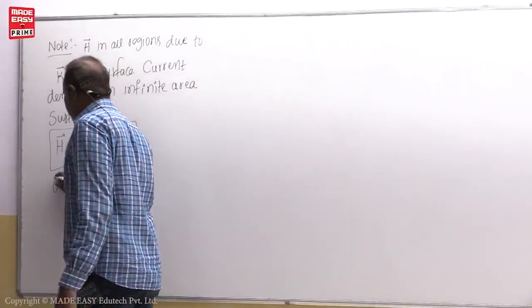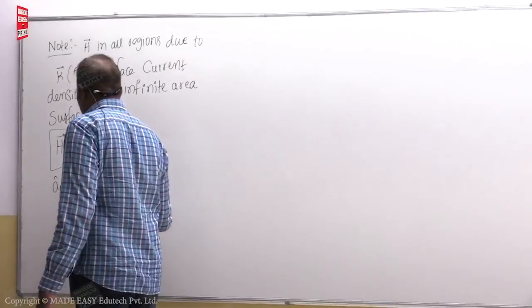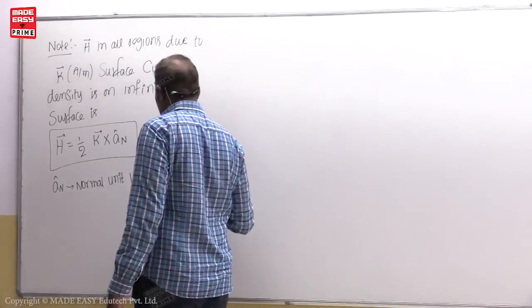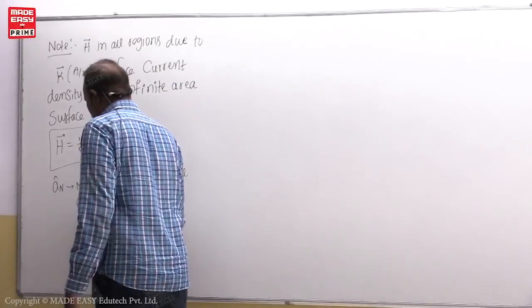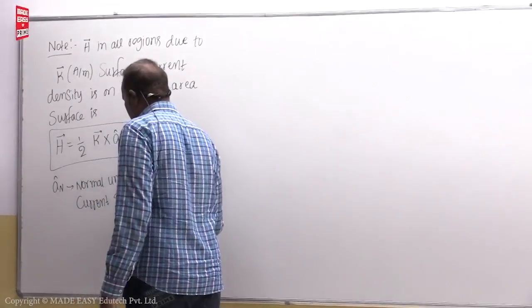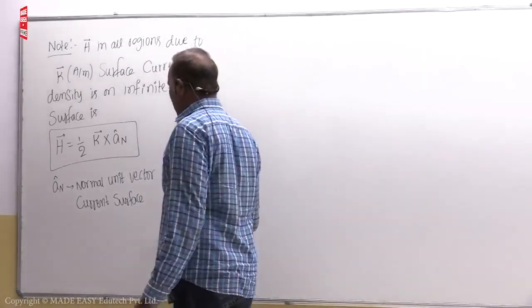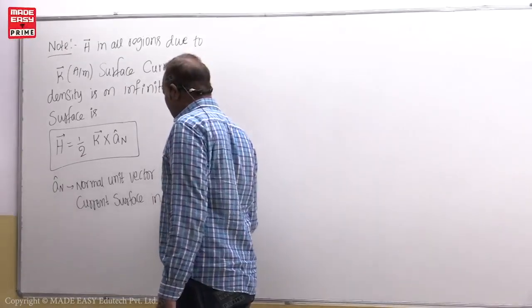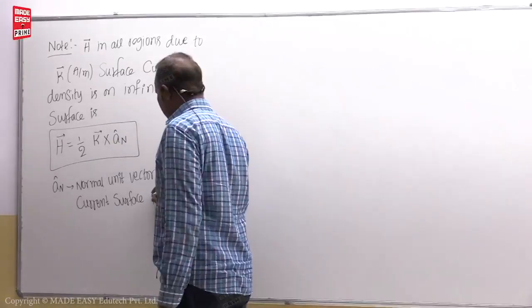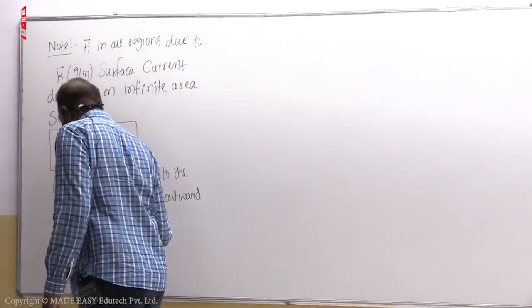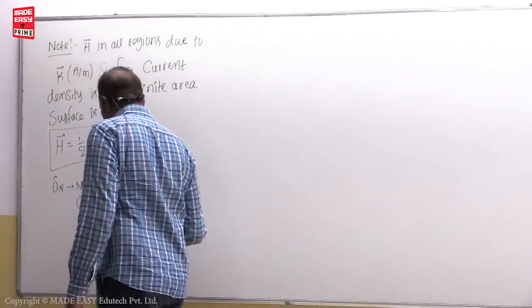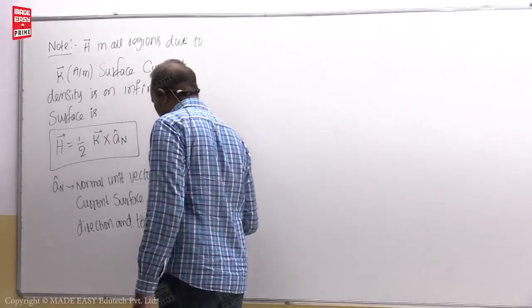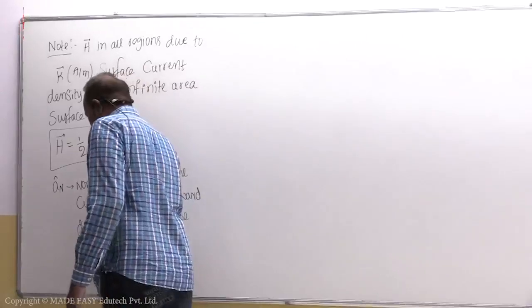So here An cap is a normal unit vector to the current surface in the outward direction, that means away from the current surface, and towards the field point.